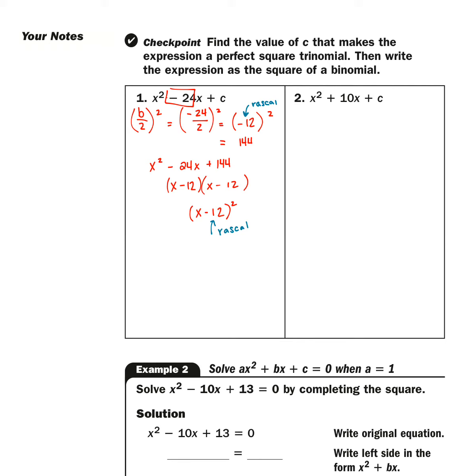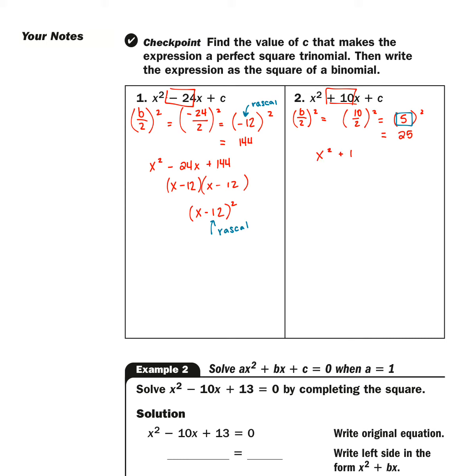All right, again, here we go. B over 2 squared. Our b this time is positive 10. So 10 over 2 becomes 5. Remember, he'll be in play later. There's that rascal. So our c is 25.